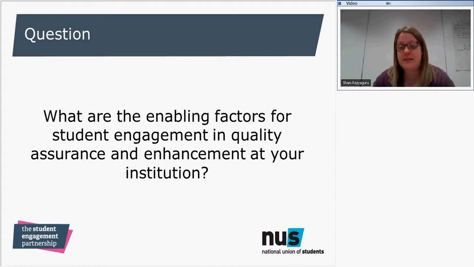Absolutely, that's definitely an enabling factor, in terms of something that sets out the relationship or expectations about the relationships between the different stakeholders in the institution, and what some of the associated behaviours might be. That's definitely a factor that might enable how students participate in quality processes of the institution, absolutely.